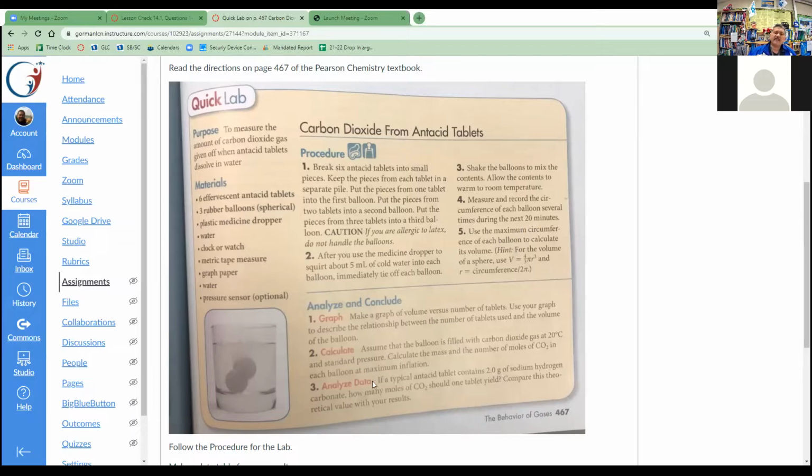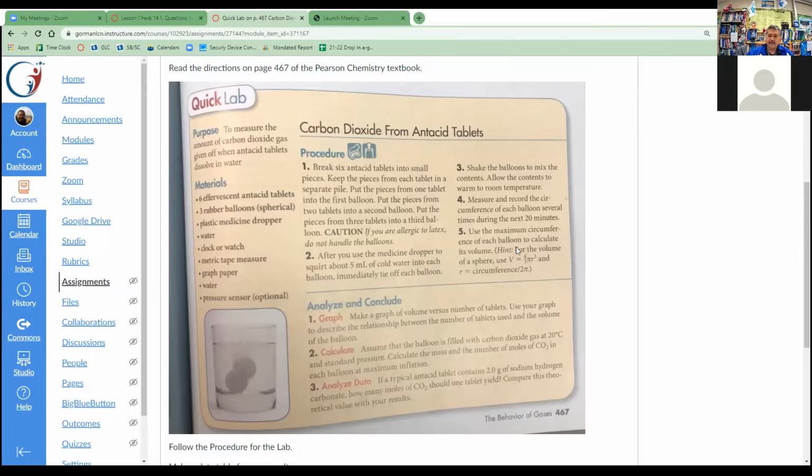Then it says use the maximum circumference of each balloon to calculate its volume. So measure it at its widest, where it has the biggest circumference.